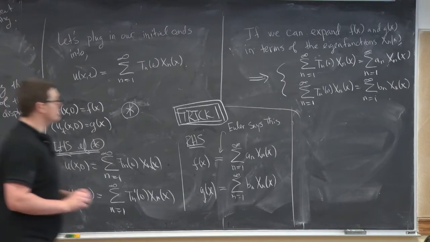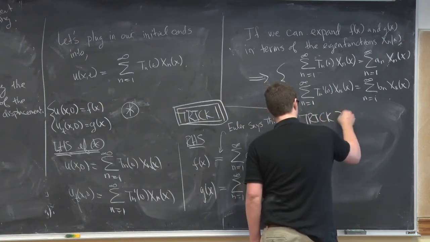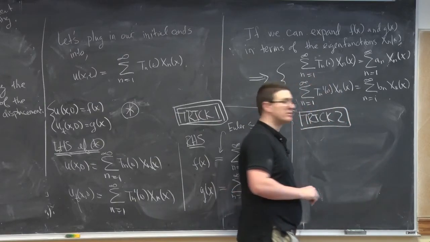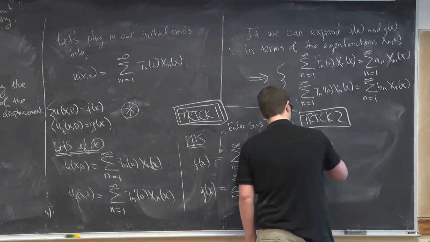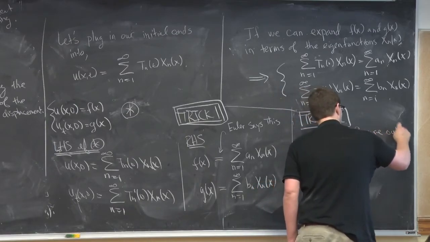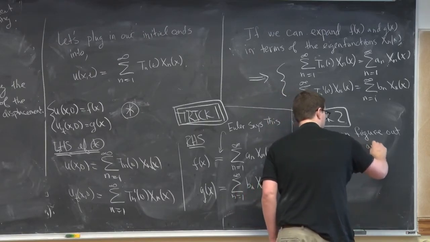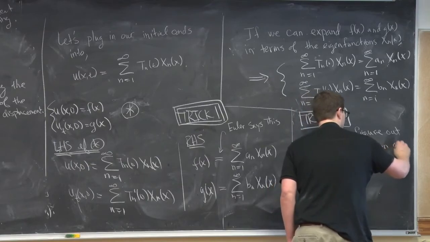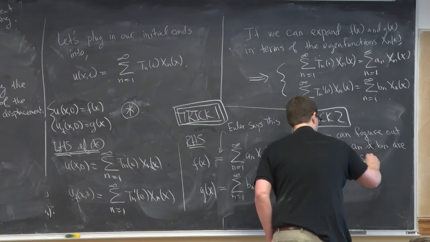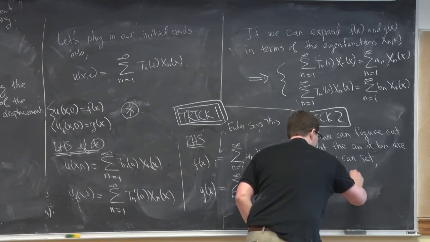Trick 2: let's say that the coefficients of each of these things are equal, and then we can just equate coefficients.